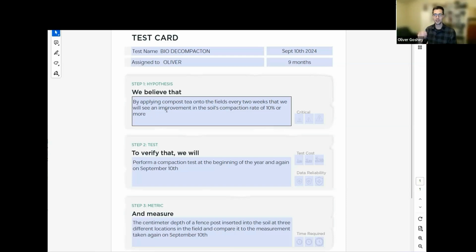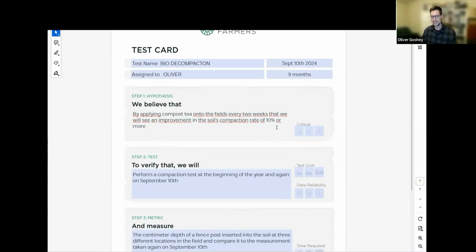That expectation is core to the hypothesis. So again, by applying compost tea onto the fields is the action. Every 2 weeks gives it a time frame, and that we will see an improvement in the soil's compaction rate of 10% or more is the hypothesis or the expectation. Your hypothesis statement needs to have each of those elements.